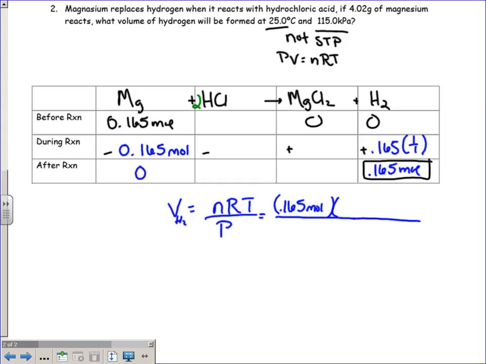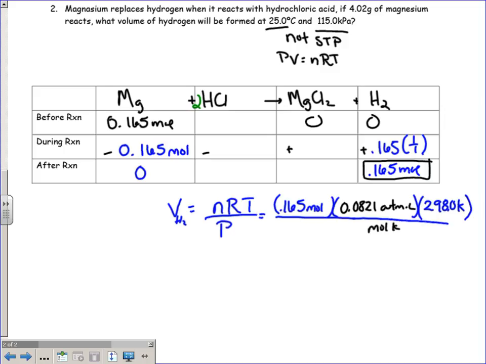Of course, the value for R, the universal gas constant, 0.0821 atmospheres times liters over moles kelvins. The temperature, 25 degrees Celsius, in kelvins is 298.